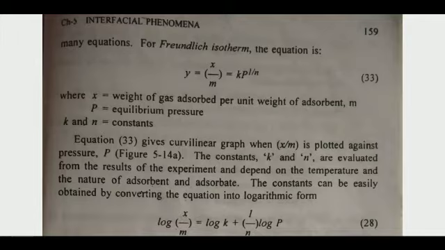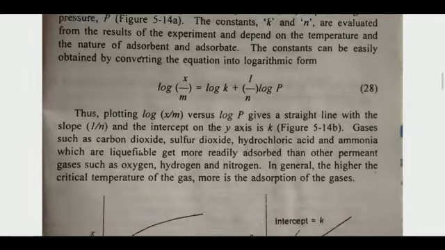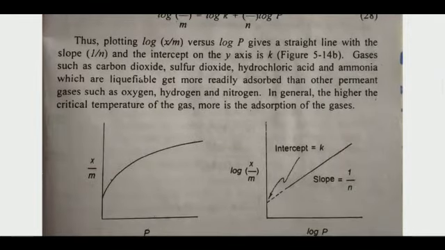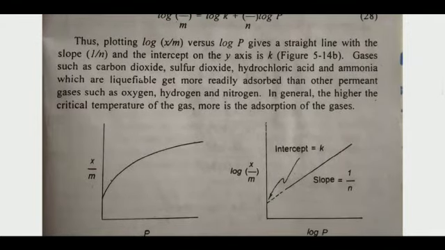Then plot a graph in which log x by m is taken on the y axis and log p on the x axis. It will give a straight line.